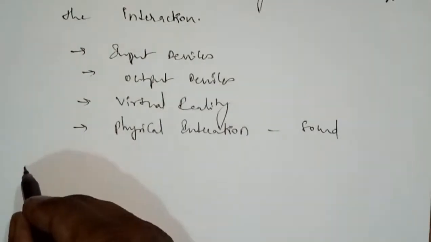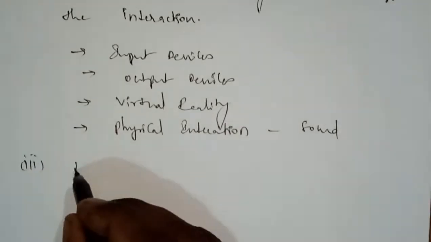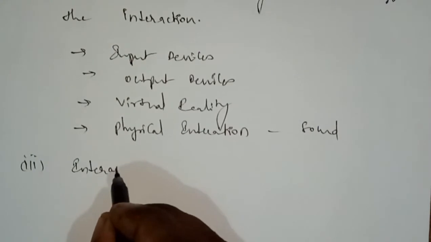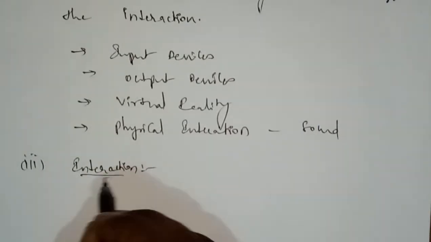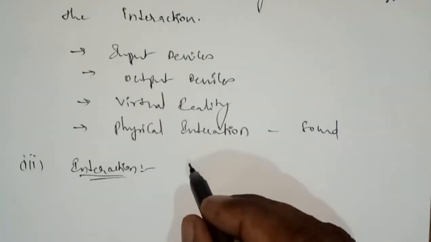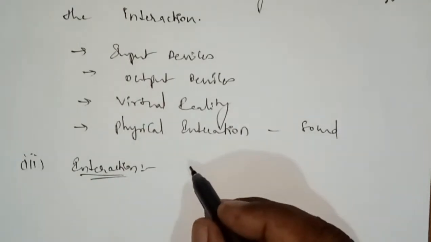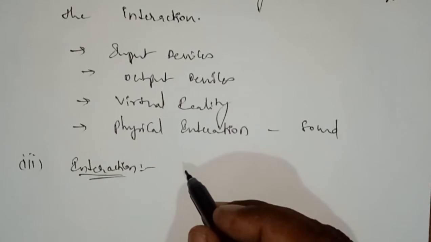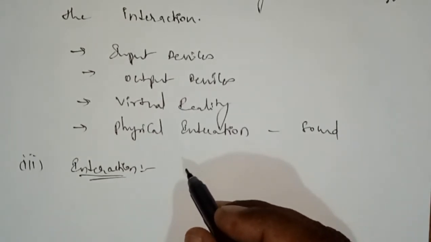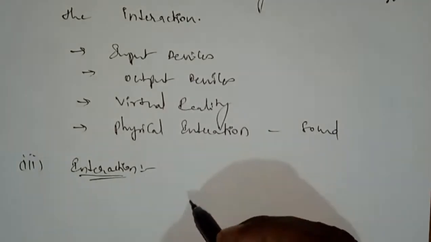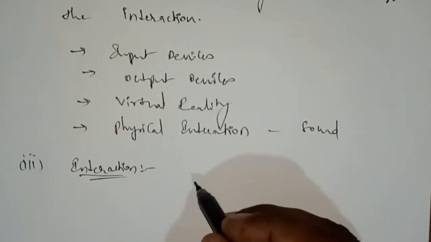The third one is interaction, like how humans can interact with the system. To interact with the system, they have to use user interfaces, like the command line interface and GUI, graphical user interface.